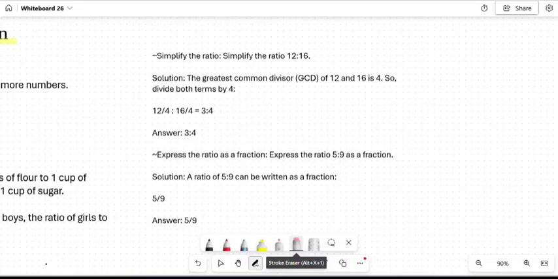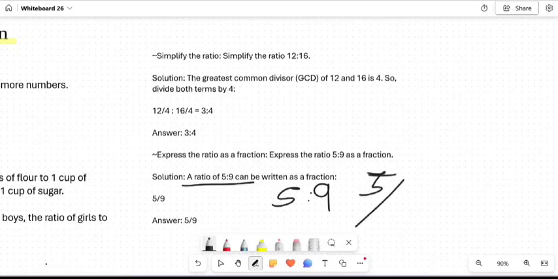So now 5 and 9 do not have a common HCF other than 1. If we divide a number by 1, we will obviously get the number itself, so no need to divide it over here. So the ratio over here we will get is 5 is to 9, or 5 by 9 in the fraction form. Okay.